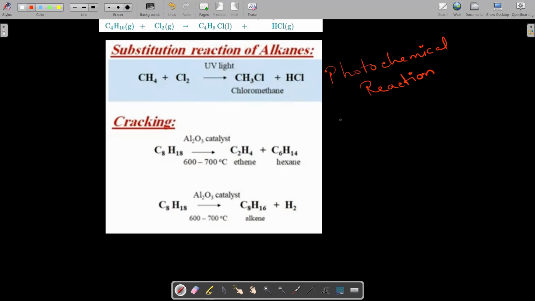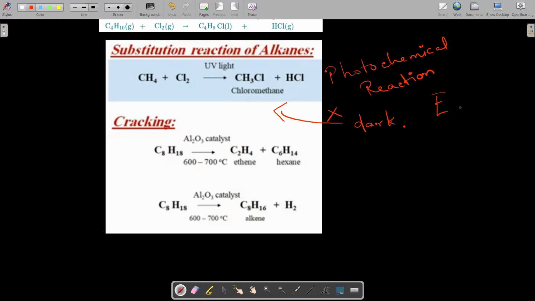Remember, when it is dark, this reaction will not occur. Only when this condition is fulfilled, that is, when there is UV light, will chlorine and methane react, and that UV light acts as the activation energy.